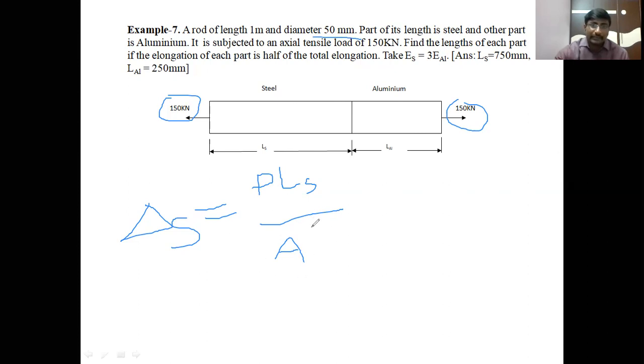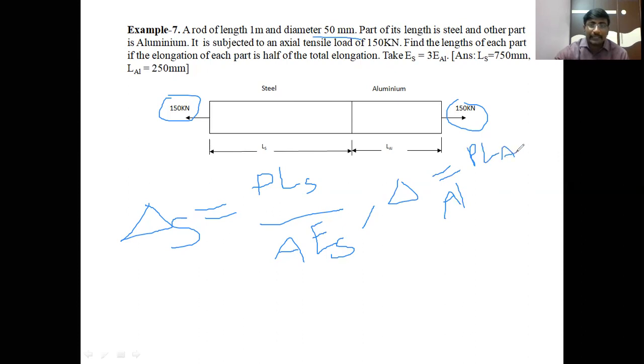Then E value, Young's modulus for steel. Clear? Next, similar formula for aluminum, delta AL.